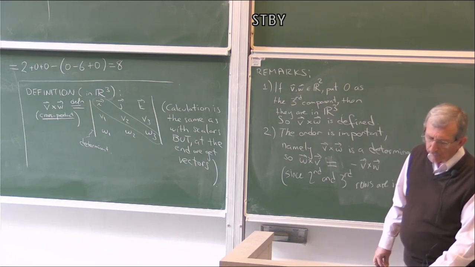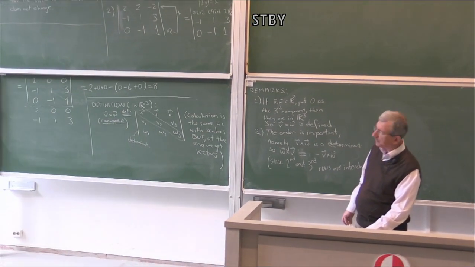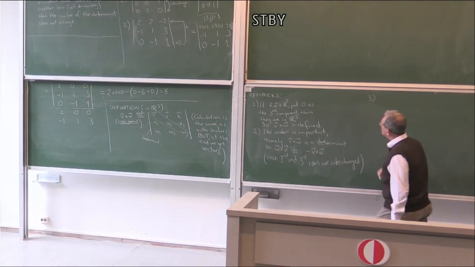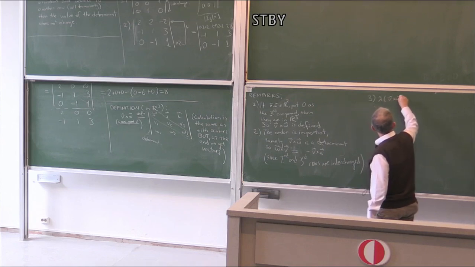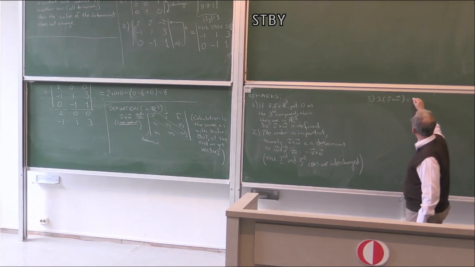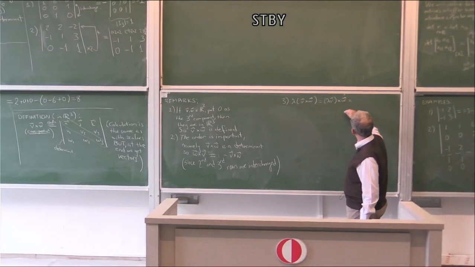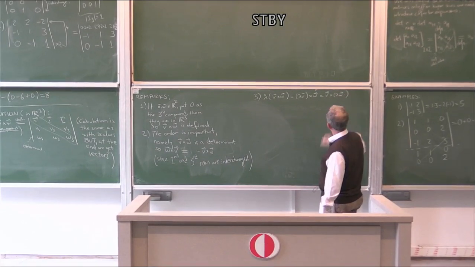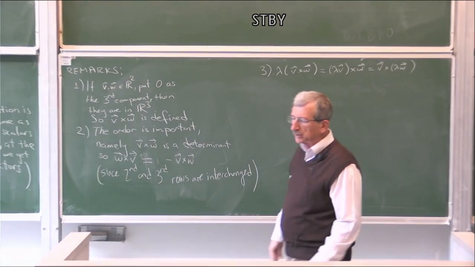Well, over addition and scalar multiplication, one has the expected identities, namely lambda times V cross W. Well, this is obvious from the definitions. This would be lambda V cross W, or V cross lambda W. So you can put your lambda anywhere you want. You can take it outside, and so on.